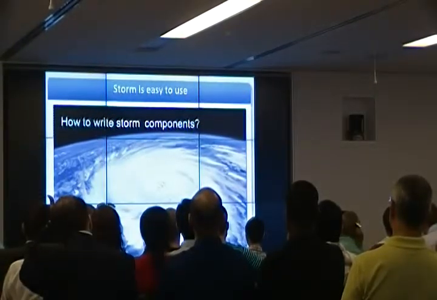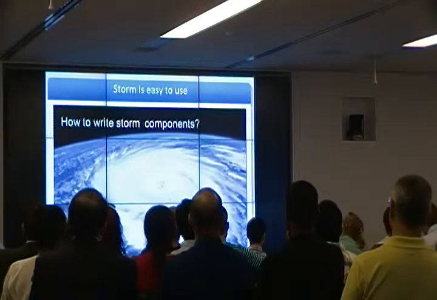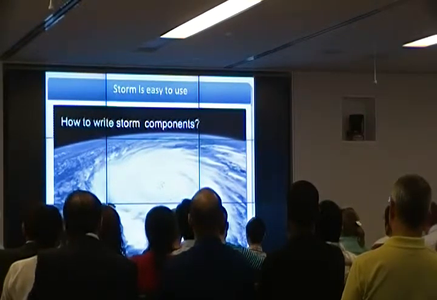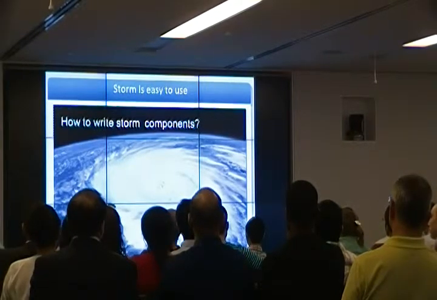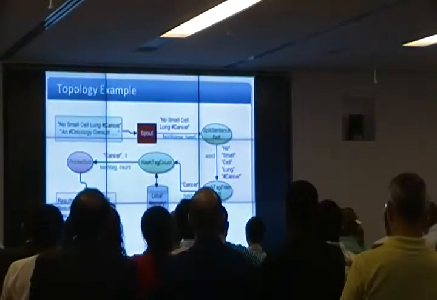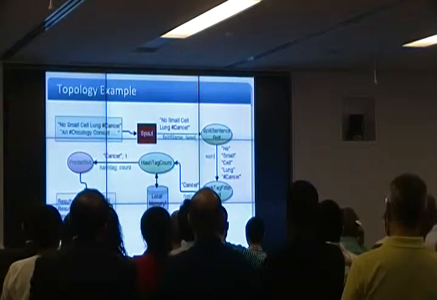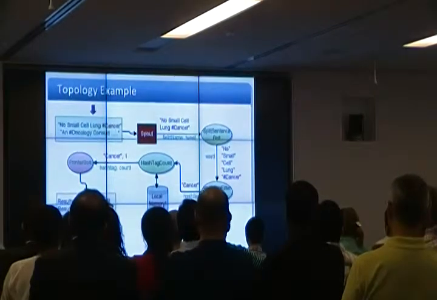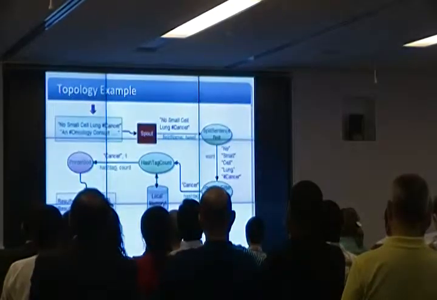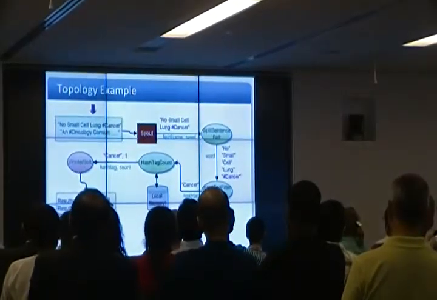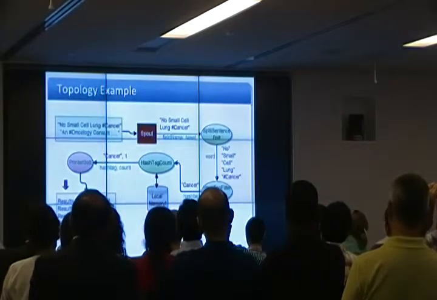Okay, so let's see. We said that it's easy to write, it's easy to use. So let's see if it's indeed easy to use. Let's say I want to write an application that will read a stream of tweets, and I want to calculate how many times each hashtag appears in my stream.